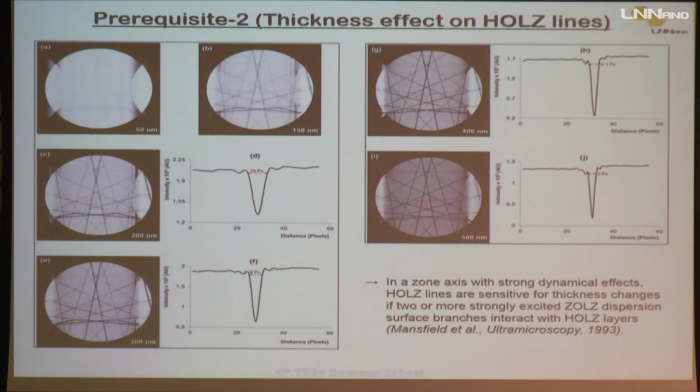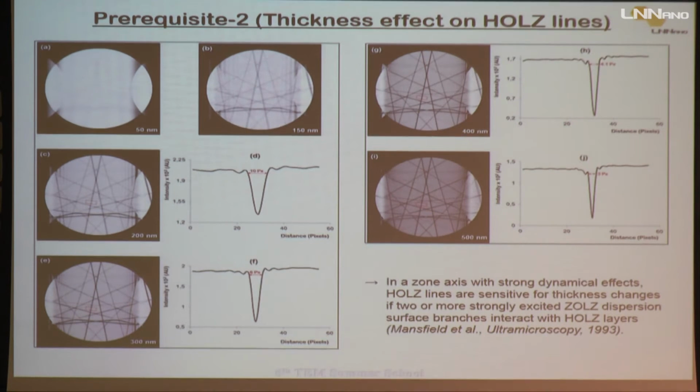Next, obviously every zone axis has a dynamical nature, and we need to check how much the dynamical nature is affecting these HOLZ lines. So I simulated different HOLZ line patterns for various thicknesses, and we can see that with the change in thickness, the intensity gets better with increasing thickness, but there is no shift due to the thickness.